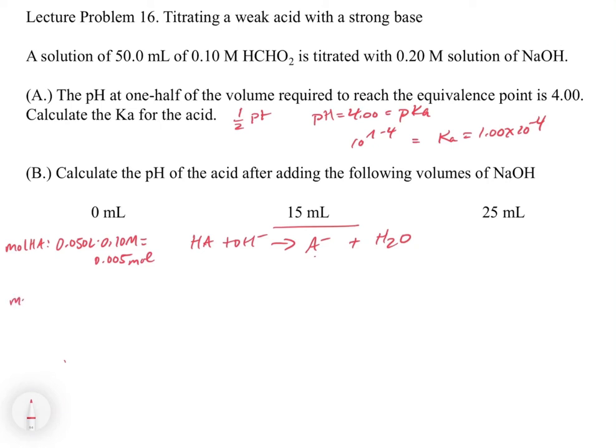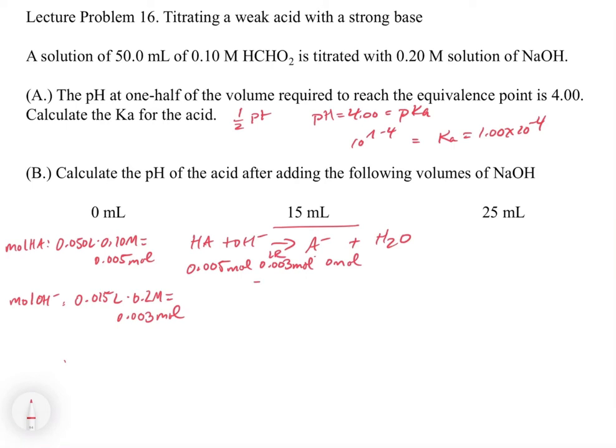And for the NaOH, we have 0.015 liters times our 0.2 molar, which is going to give us 0.003 moles of the OH minus. So when we set up our stoichiometric table, we're going to have 0.005 moles of HA, 0.003 moles of OH minus, and 0 moles of A minus.